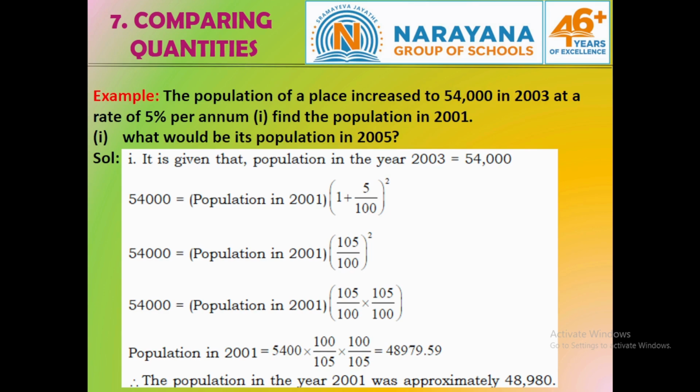Now by the reverse operations, we'll get 54,000 is equal to population in 2001 of 105 by 100 whole to the power of 2. By simplification, we get the population in 2001 is 48,979.50. The nearest value approximately is 48,980.